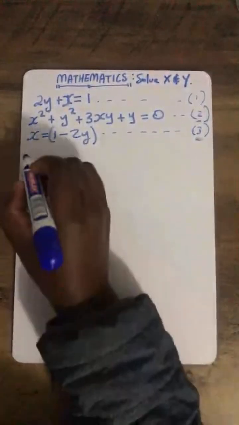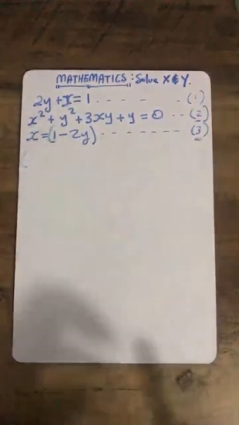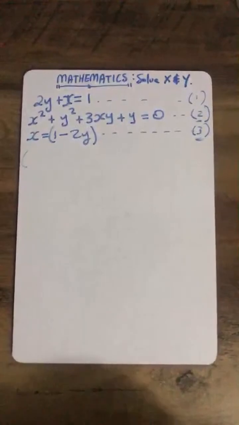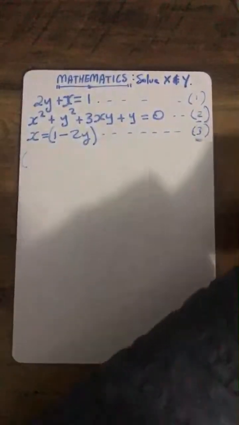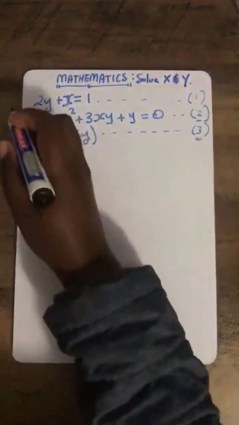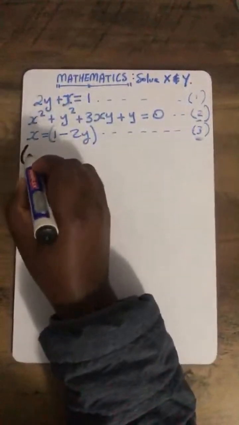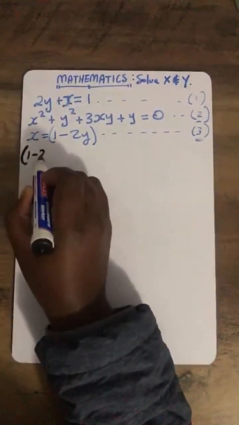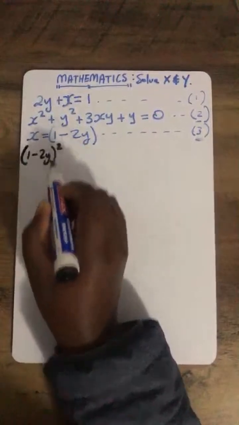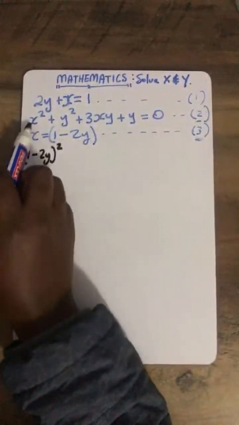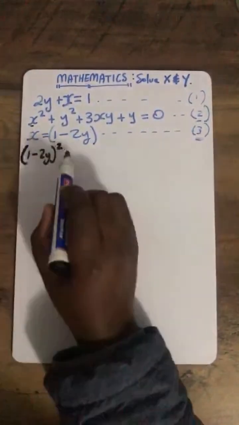So very quickly, let's do that. I might need to find a different marker. Let me try this one. So I can substitute 1 minus 2y and then say squared. Remember, I've substituted it there.